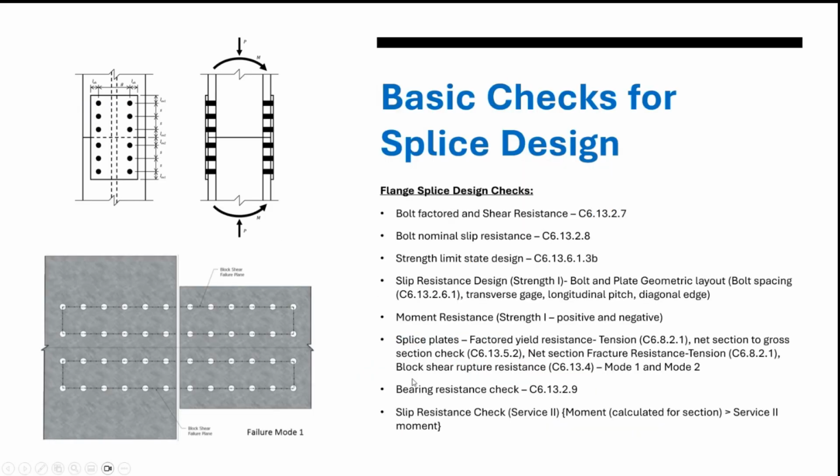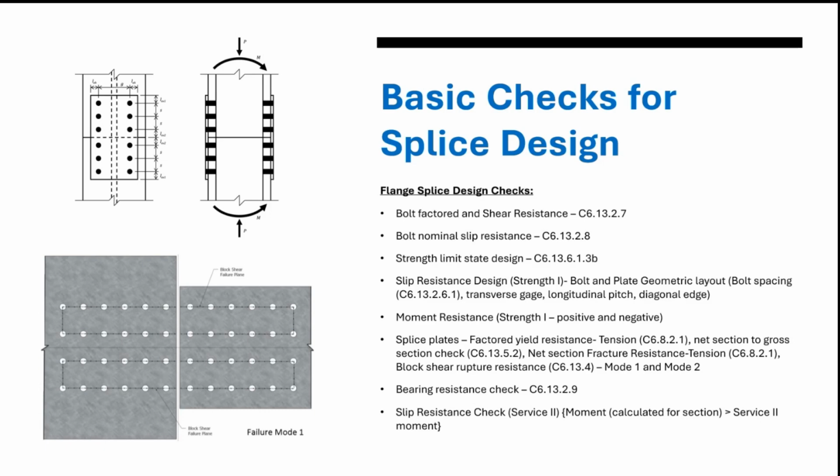So what are the basic design checks for the splice design? Moving on with the flange splice design checks, we check the bolt and shear resistance. These are all taken from the different clauses of the AASHTO LRFD.